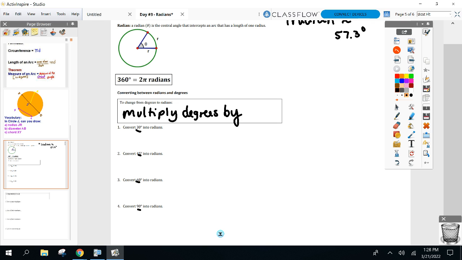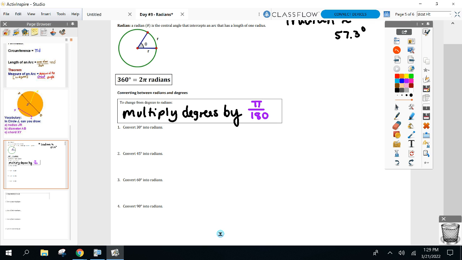What's 1 degree equal to in radians? What's the fraction? Pi over 180. And that is what you multiply every degree by. That's how I turn all these degrees into radians. I multiply it by pi over 180.